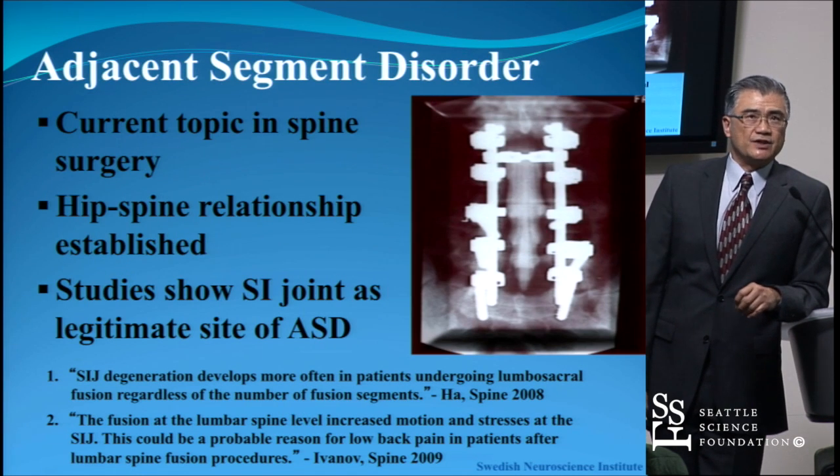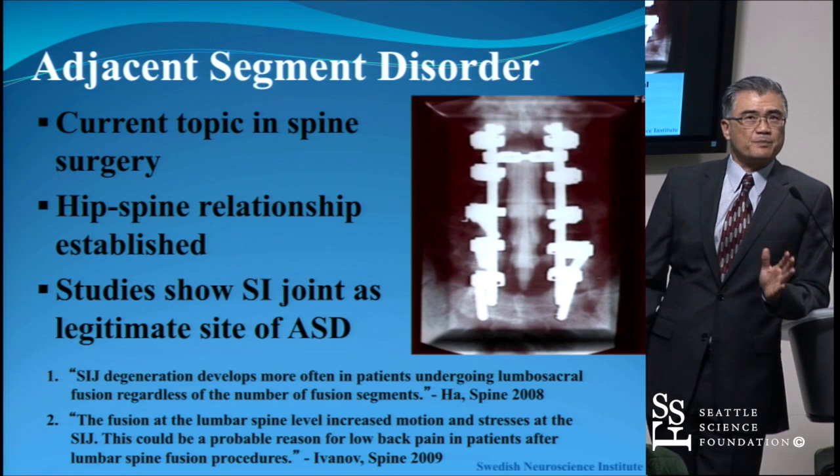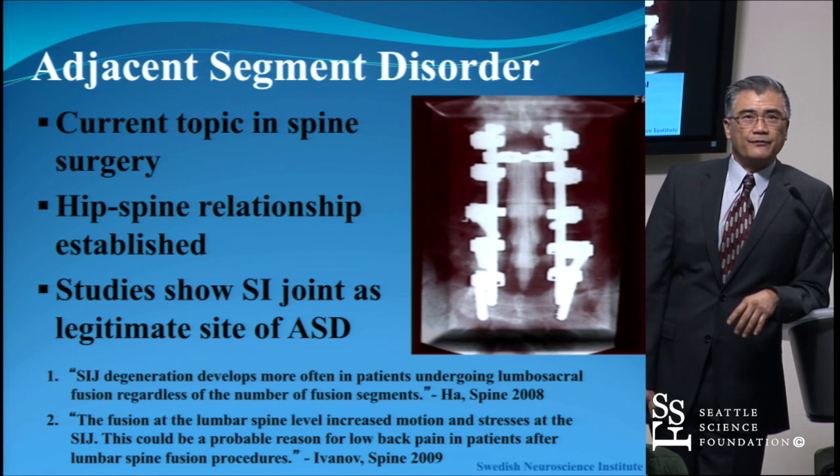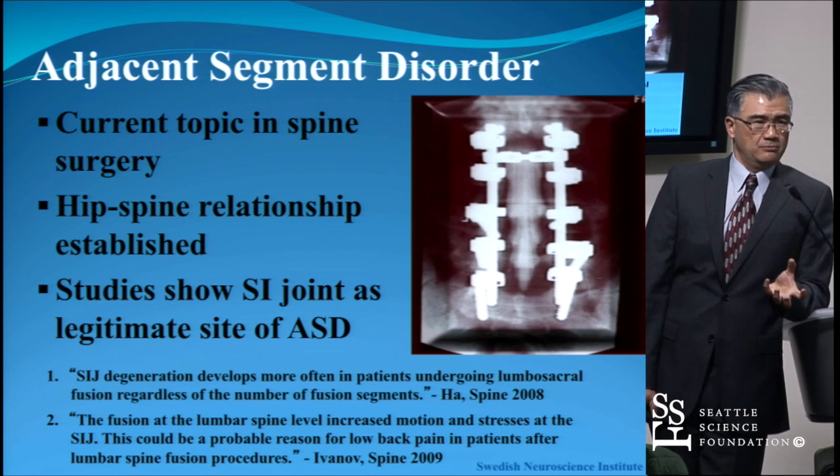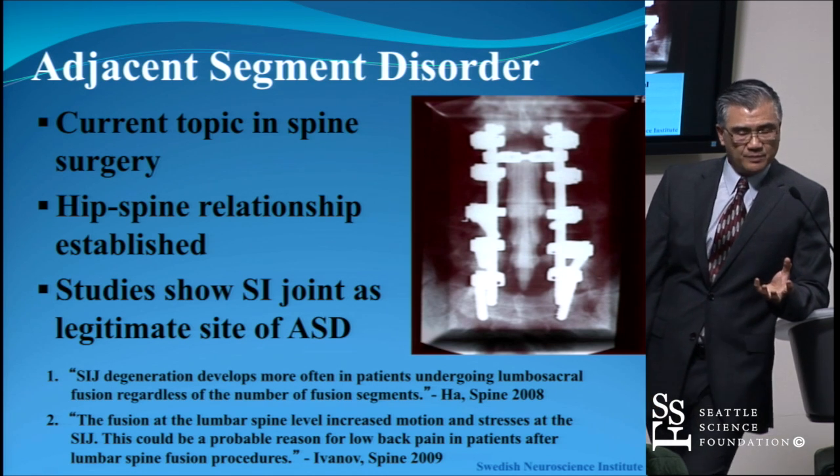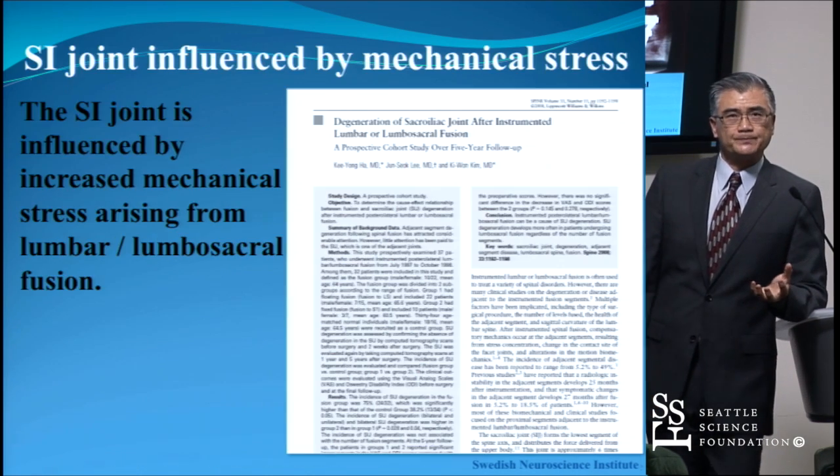So adjacent segment disorder, and we talk about that all the time. It's a topic in spine surgery, and it's also a hip-spine relationship. But if you look at this patient with an L3 to sacrum fusion, it is really rigid. The lowest lumbar spine to the sacrum is very rigid, and you can imagine a lot of the force can transmit to the bilateral SI joint.